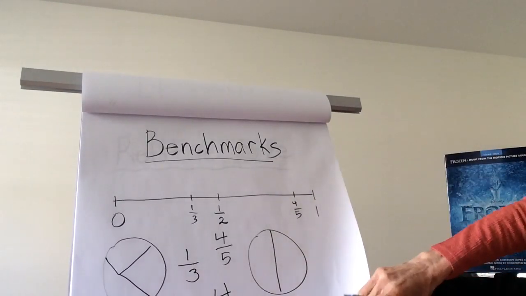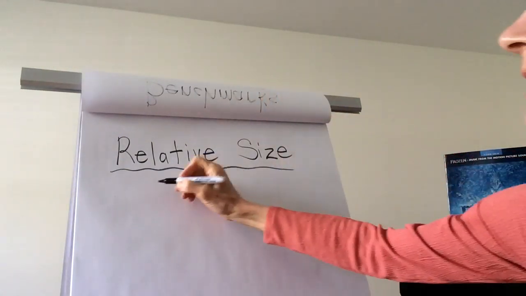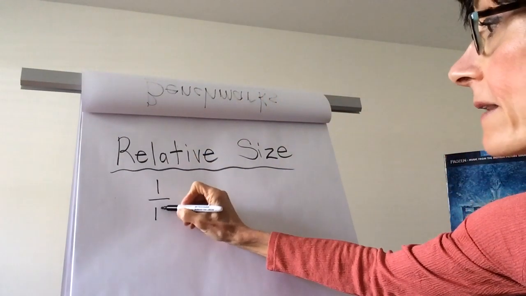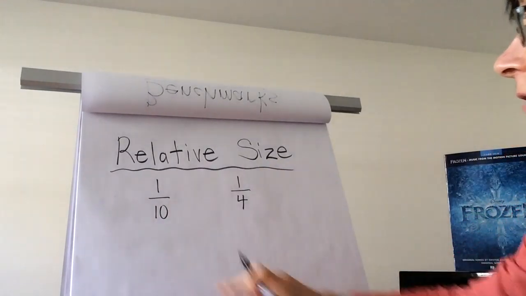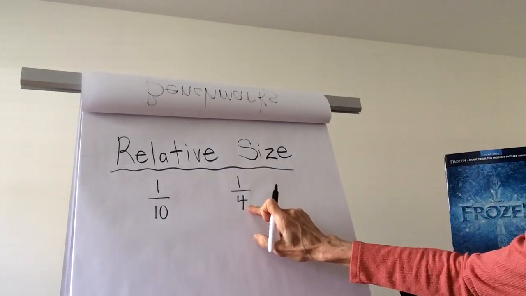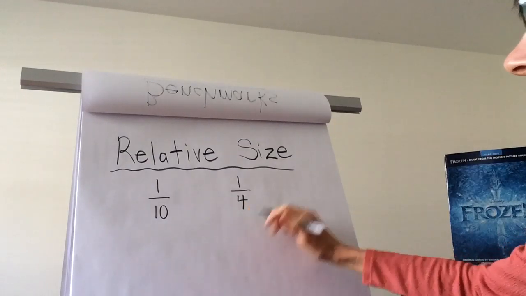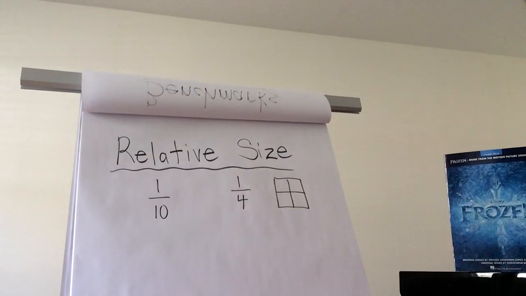The other way you can figure out the size of a fraction is using relative size. For example, if we had 1/10 and we had 1/4, if we just look at the denominator, that tells us the relative size of each fraction. If we divided our big pan of brownies into 4, you'd get quite a large piece of brownie, wouldn't you?